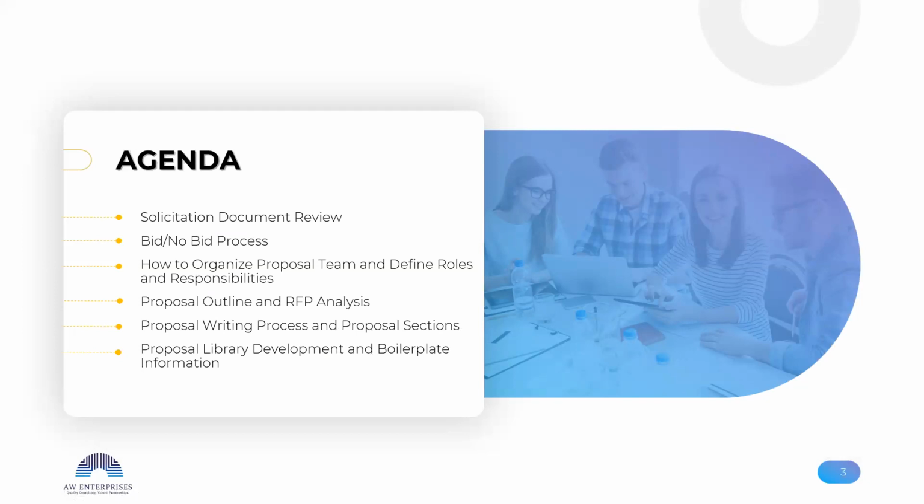We're going to discuss proposal outline and the RFP analysis process, proposal writing process, and proposal sections. And in addition, we're going to cover the proposal library development and boilerplate information. All right, let's get started.